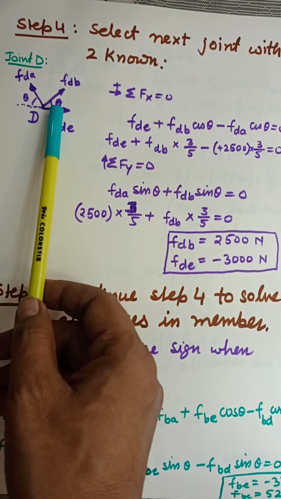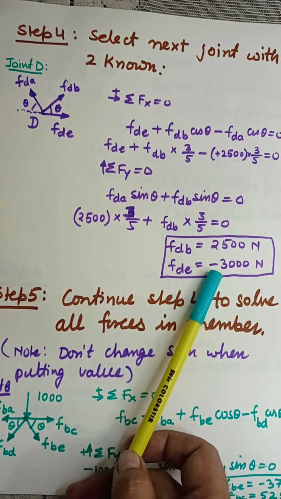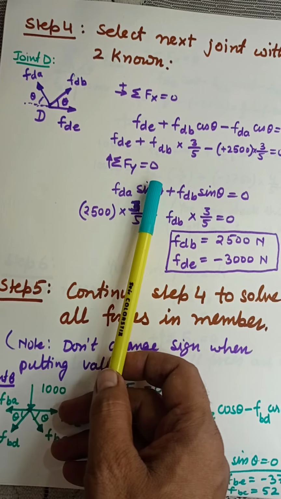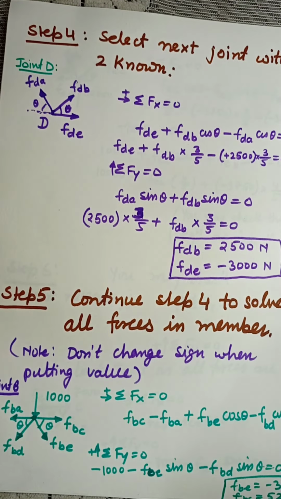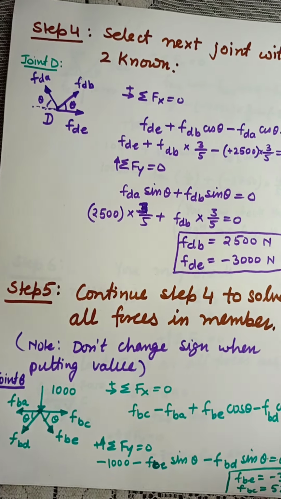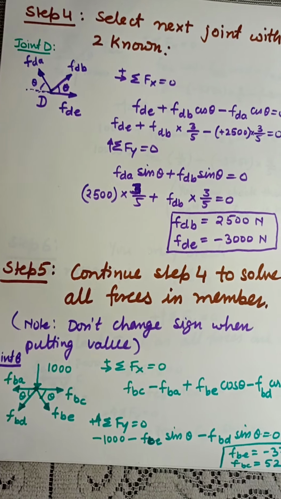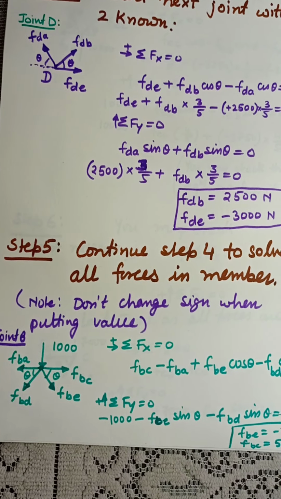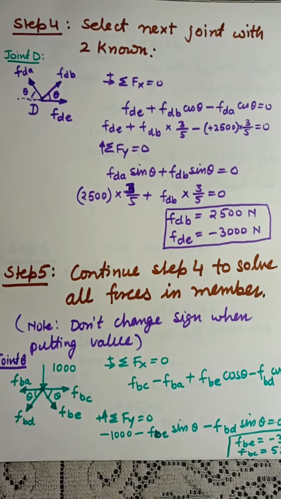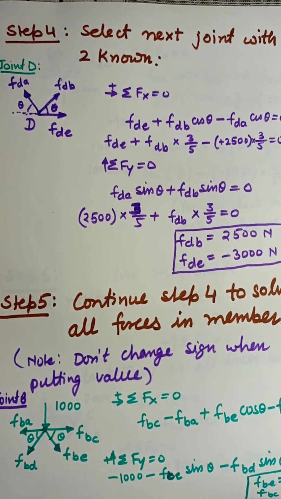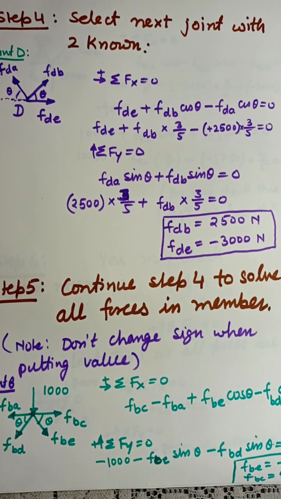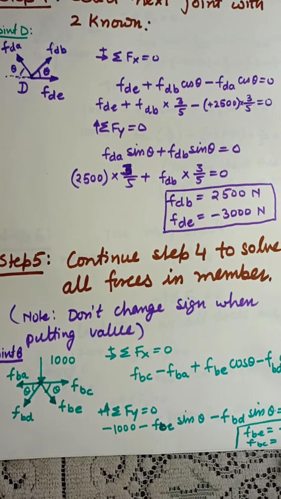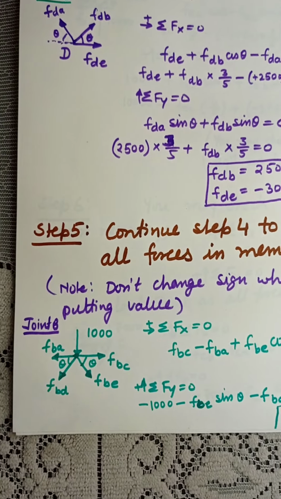There were two unknowns, which we obtained with these two equations, summation Fx = 0 and summation Fy = 0. Vertical upward is taken positive, rightward is taken positive, and once we have done joint D, go to the next joint, and we have to continue through all the joints until we solve everything.